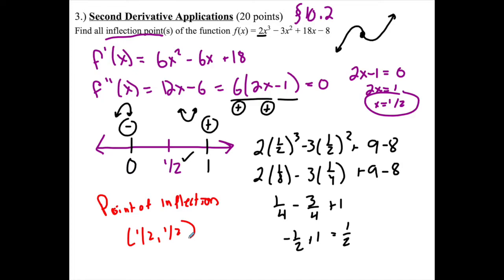That's extremely important. You have to be able to tell me that, yes, I know it's a point of inflection because I can show you that the sign of the second derivative changes as we cross over. That is to say, on the left, the sign of the second derivative is one thing, and then on the right, the sign is the other thing.